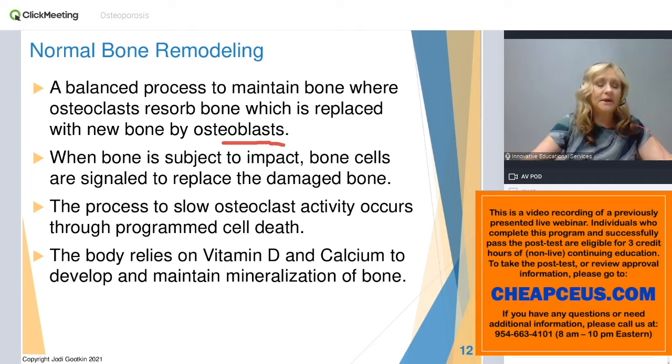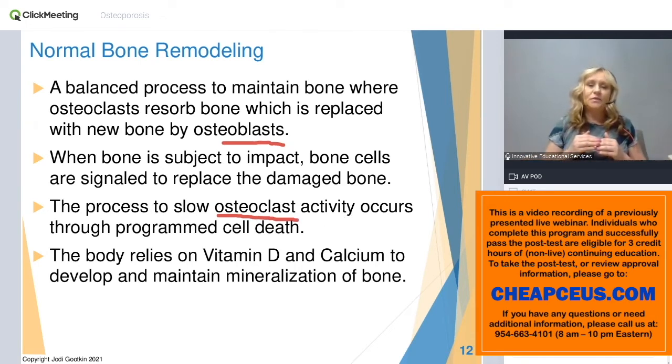What should happen at different points in time is that those osteoclasts that are breaking down the bone should slow down so that we don't have too much reabsorption of bone. There needs to be a homeostasis that is reached in the amount of calcium that is located within our circulatory system. And we have two areas to consider. Our bones need to be strong and need to have calcium in them to have their structural integrity.